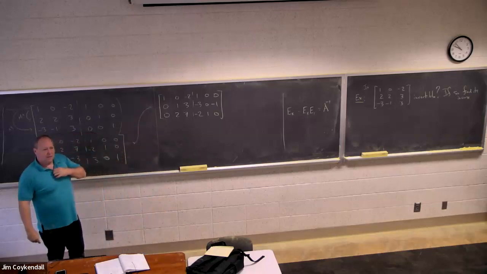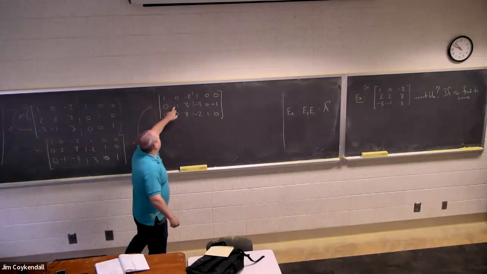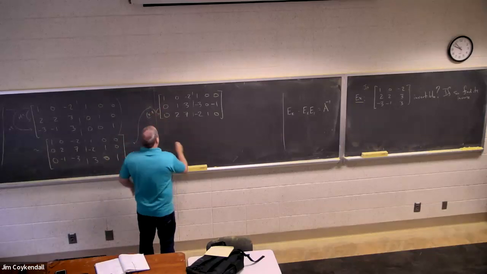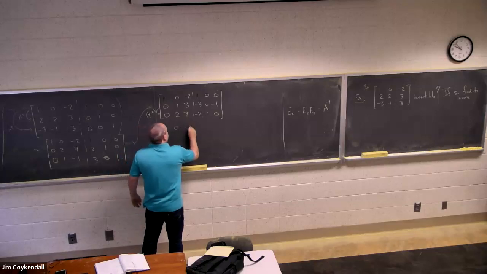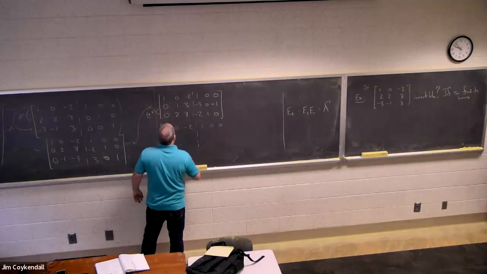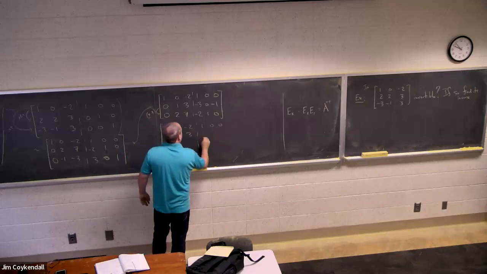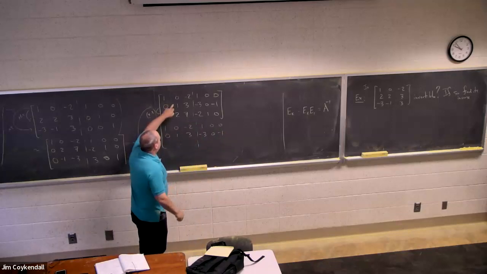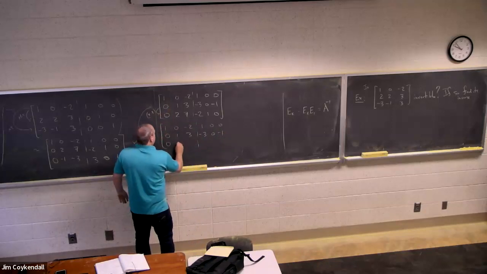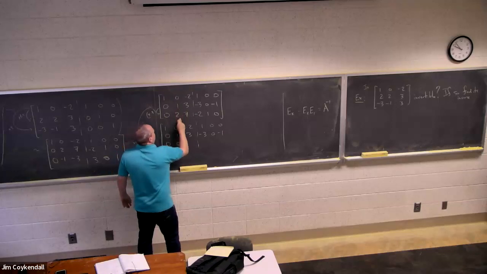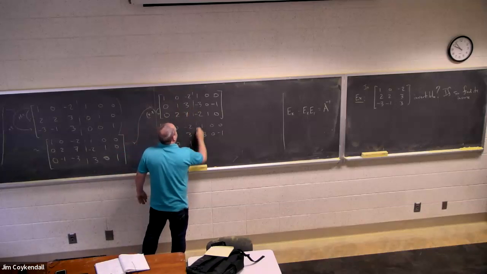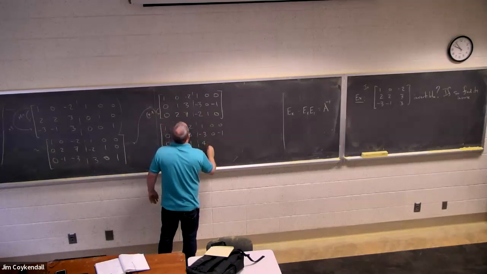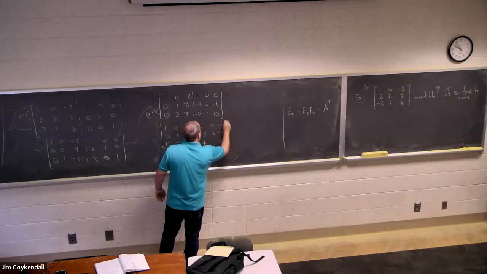Agree? Now I'm going to multiply this by minus 2 to take out that thing. Multiply by minus 2 and add. That was convenient. So minus 2 and add is going to be 6, minus 2, 4, 1, 2.